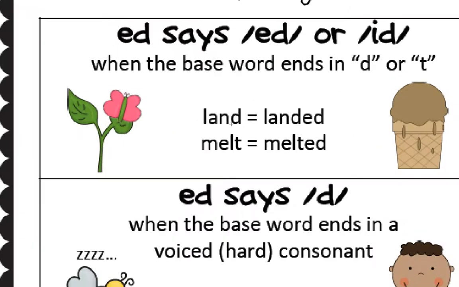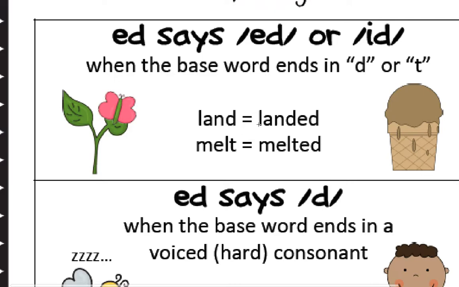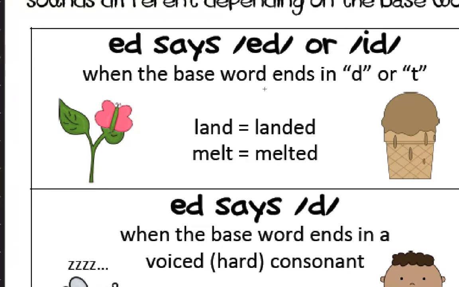The word land ends with a D. So when we add ed to the end, it sounds like this. Landed, landed. The plane landed safely. So it sounds like an id, but we don't spell it that way. Remember to use it as ed. We spell it with ed, even though it sounds like id.